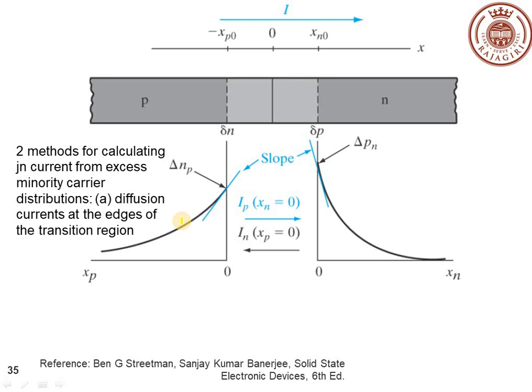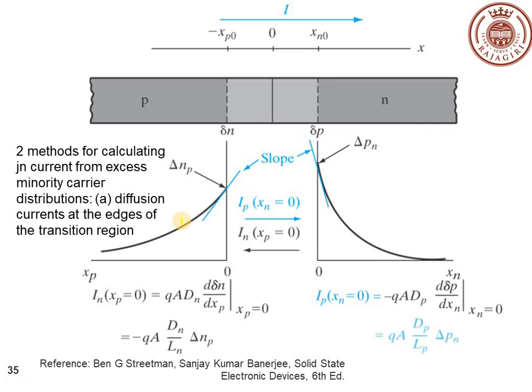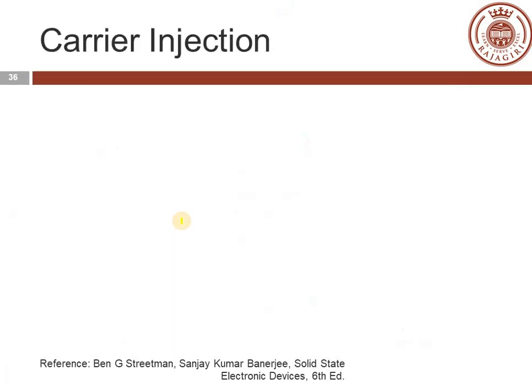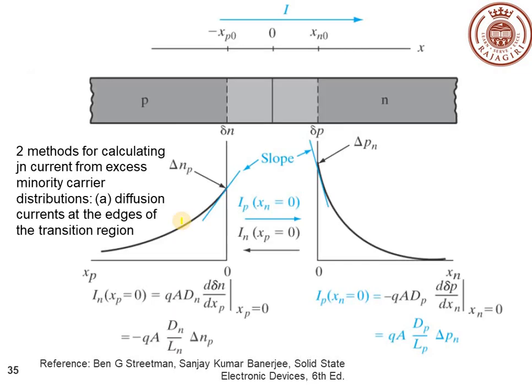Then we found the current at Xn, the distance from Xn0, and Xp, the distance from Xp0. At those two edges we found the current, or simply we found the slopes of the carrier distribution. Then we found In at Xp0 and Ip at Xn0, and finally we summed them. So this was the first method.